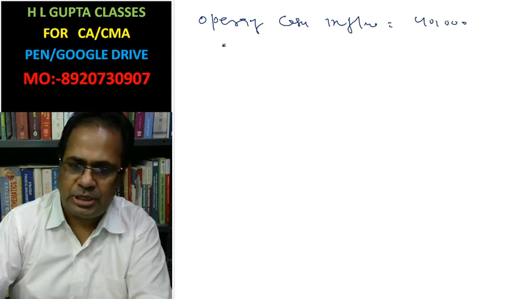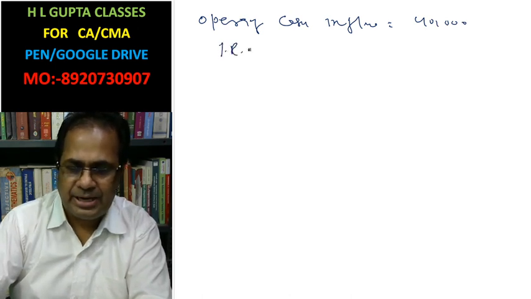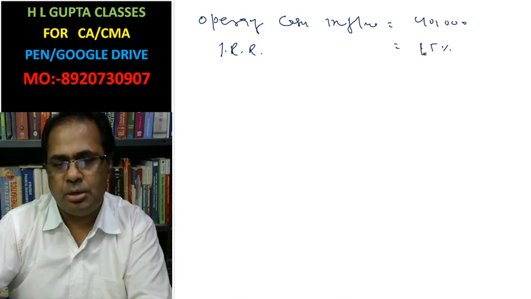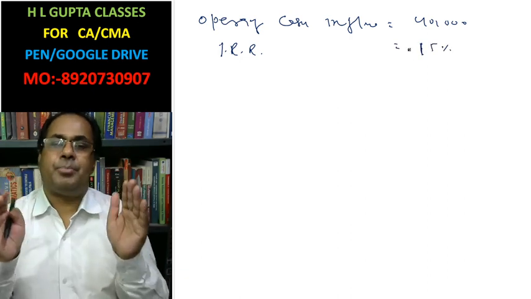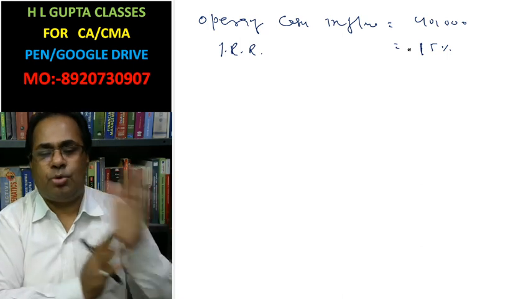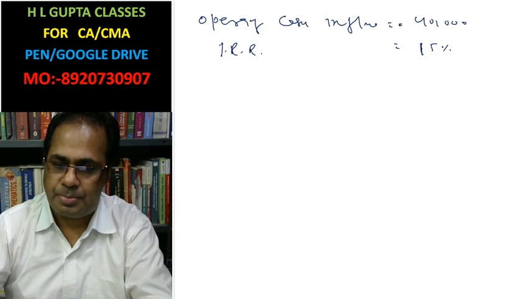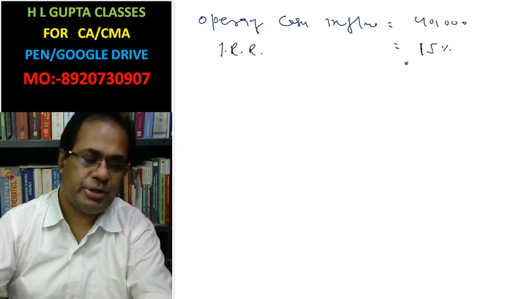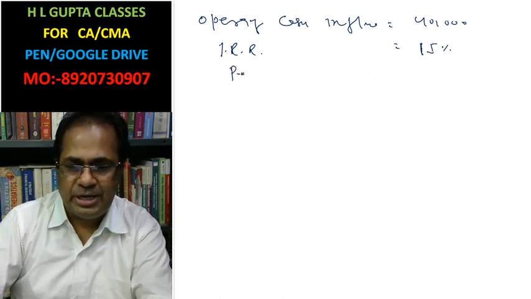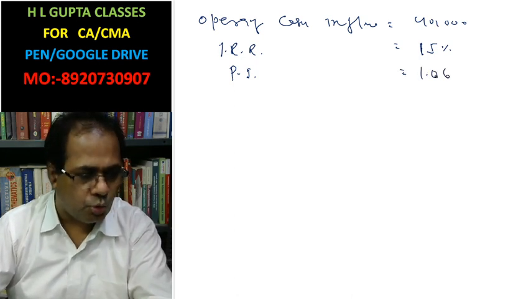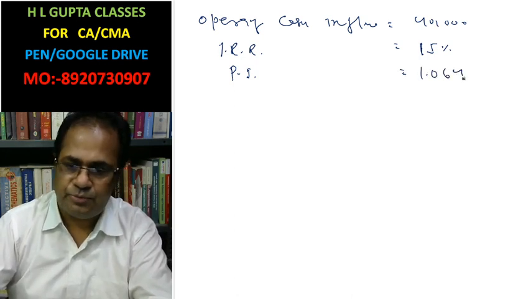In the given question, IRR is given, equal to 15%. At the rate of 15%, present value of cash inflow and present value of cash outflow are equal. Profitability index in the given question is 1.064.